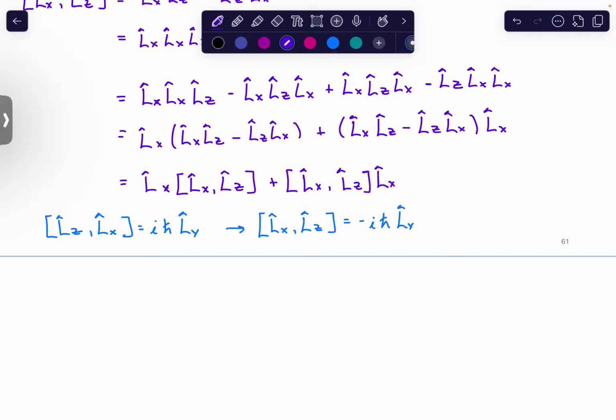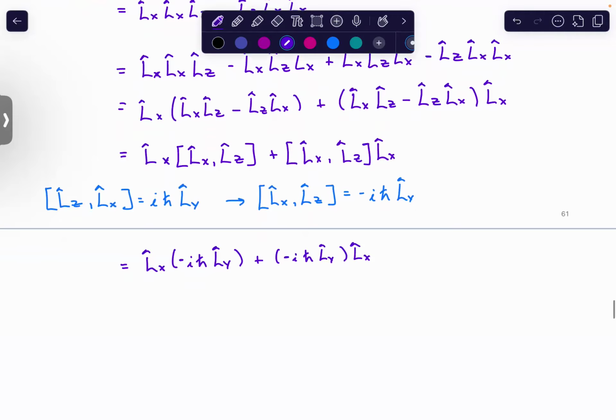All right. So that means we now have Lx times negative i h bar Ly plus negative i h bar Ly Lx. We're going to multiply through.